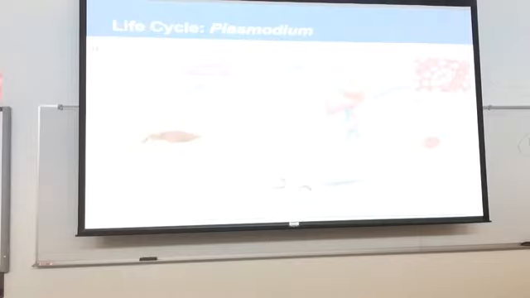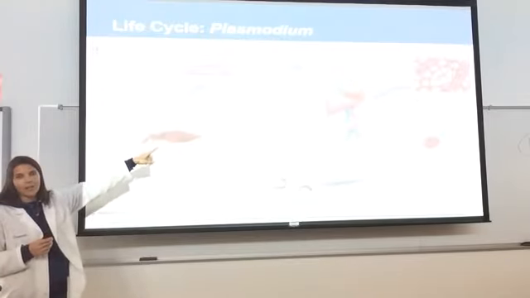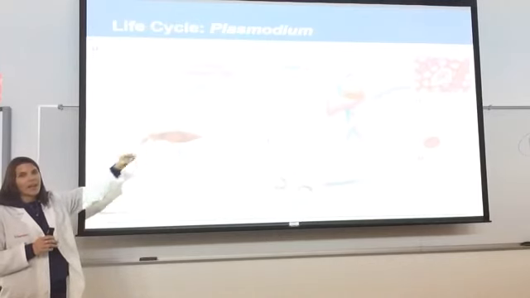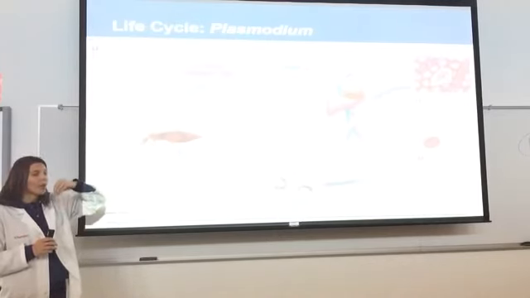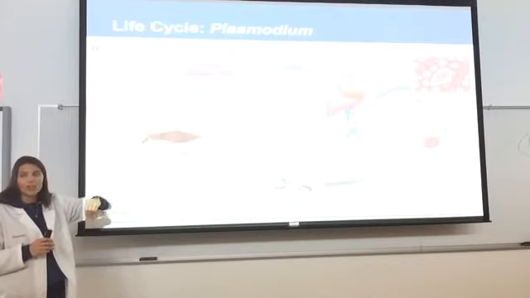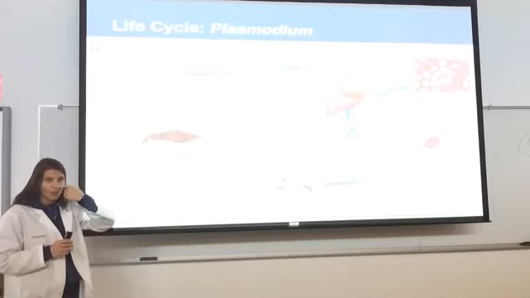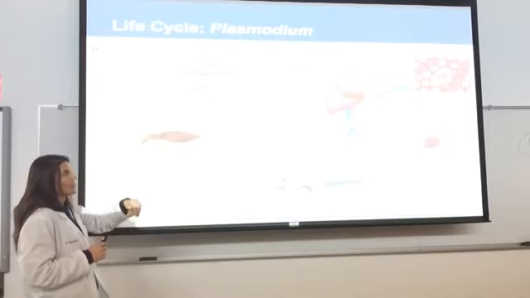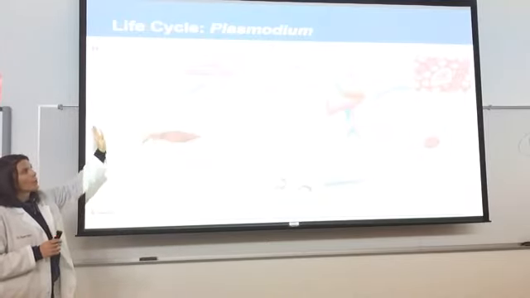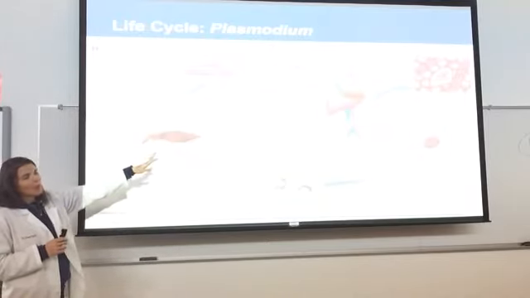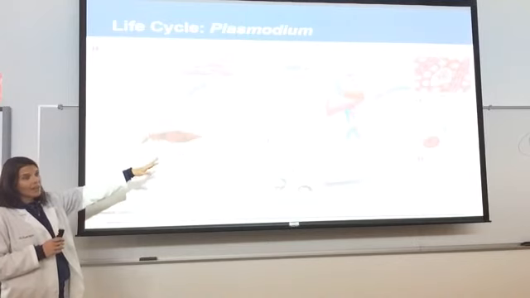But if they're in the salivary glands, when that mosquito bites a regular, uninfected organism, it will secrete whatever is in its salivary glands into that organism through the needle that it pierces with. So then it puts these sporocytes inside of this unsuspecting human.